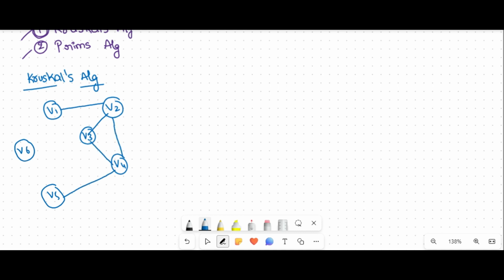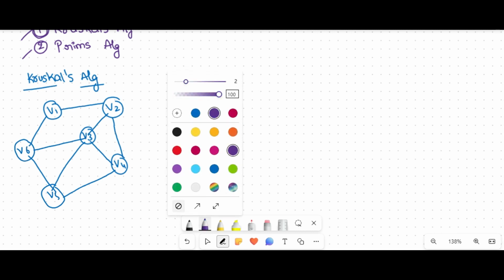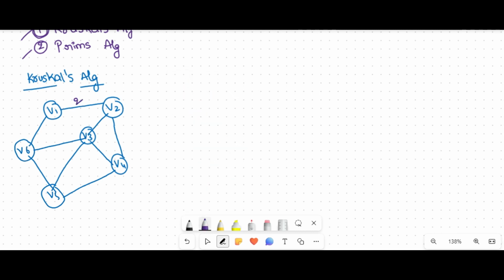This is the given graph; assume these are the cities. I am writing the costs, which are nothing but the distances: 2, 3, 1, 2, 3, 3, 2, 2, 4.